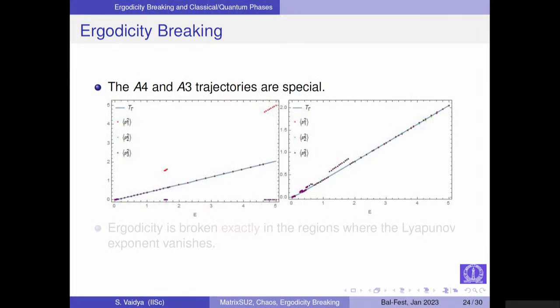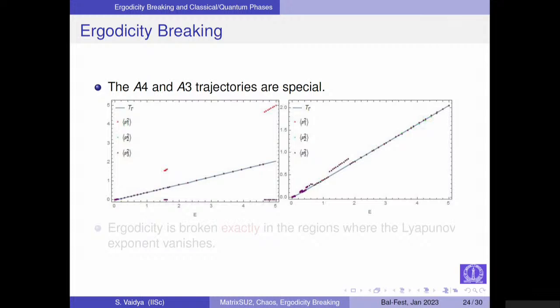And A3 and A4, the orbits that I talked about, are special because, because of the presence of those bands and band gaps, these orbits actually break ergodicity. For A3 and A4, you can compute the Gibbs temperature and these ergodic averages, and you can see that there are regions where they don't match.